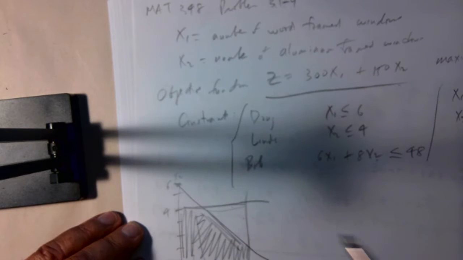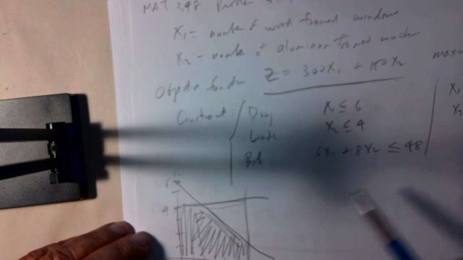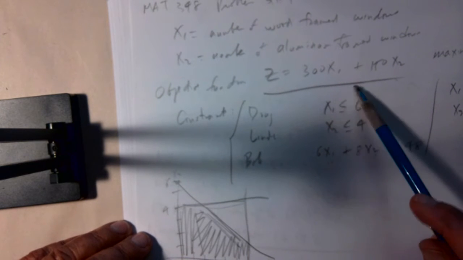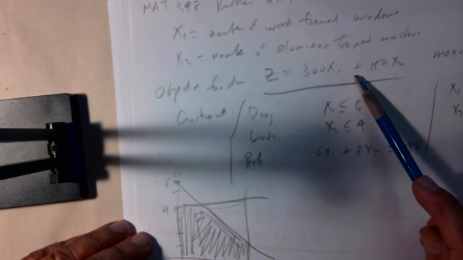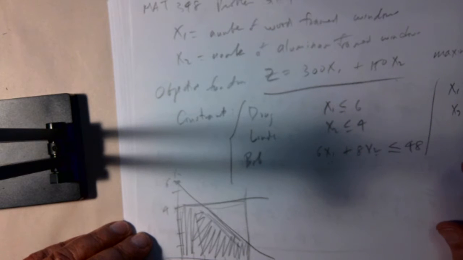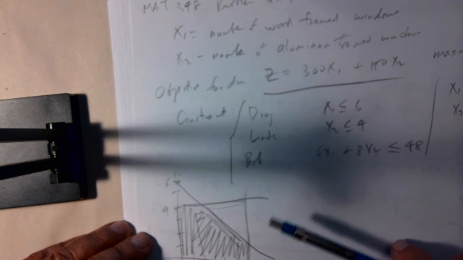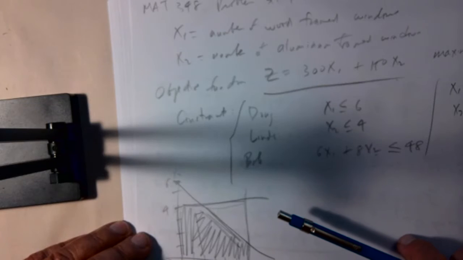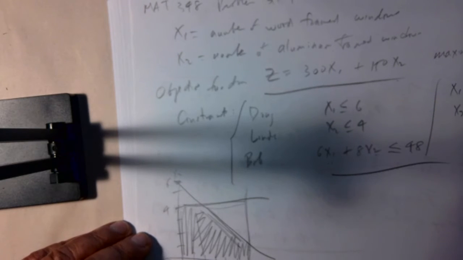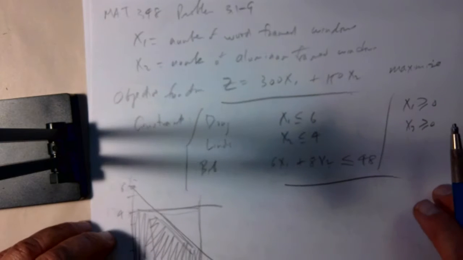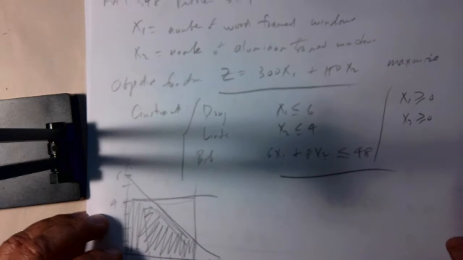When X2 is 0, X1 is 8. So you're also under this line. So your feasible region is this shape. And then for all the points in that region, you have to find the point or points where this objective function is as large as possible. That's setting up the problem, and that's what you have to do.